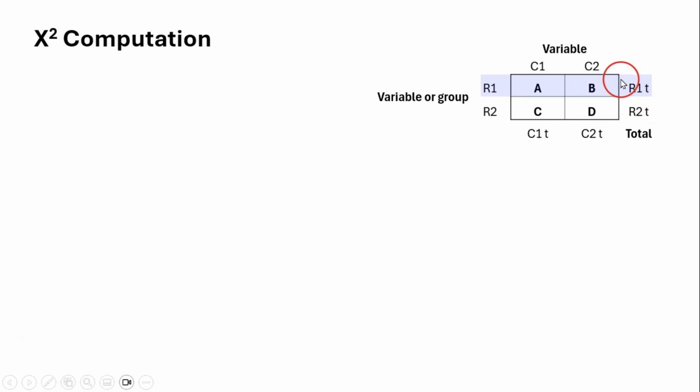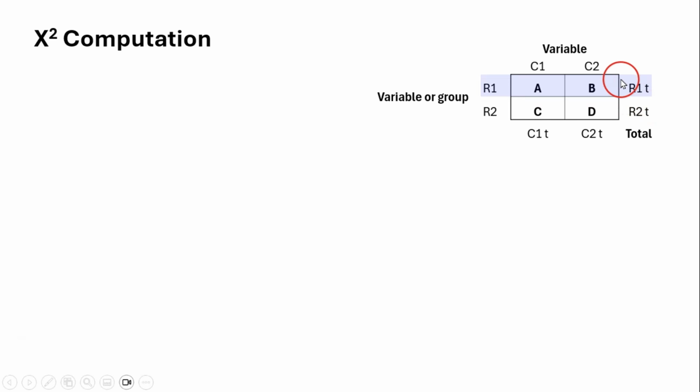Likewise, you can do the same thing with cells C and D to get a row 2 total. And because you can do the rows, you can also do the columns. If we add the responses in column 1, that would be A plus C, which gives me my column 1 total. And for column 2, of course, you'd have the B and D responses added together.